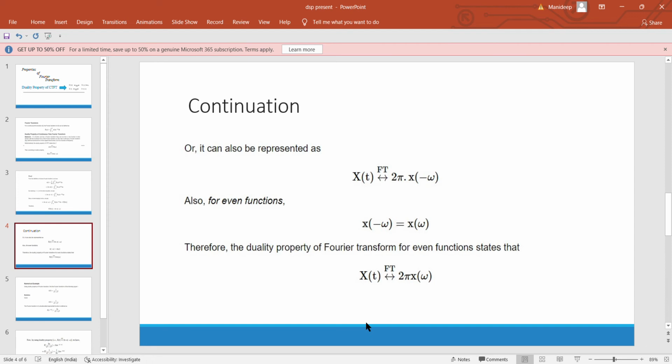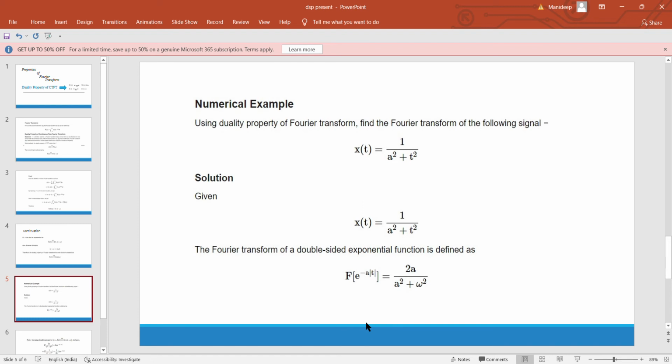So for further understanding we will look at an example. So we have a time domain signal x of t equal to 1 by a square plus t square. Now if we apply the Fourier transform we get F of e power minus a mod t equal to 2a by a square plus omega square, which is the double-sided exponential function.